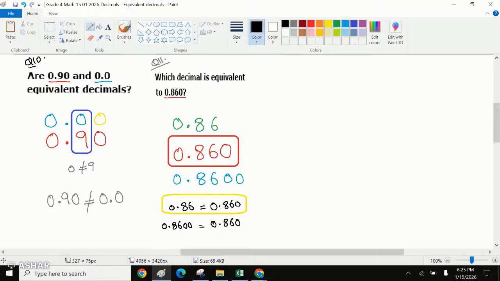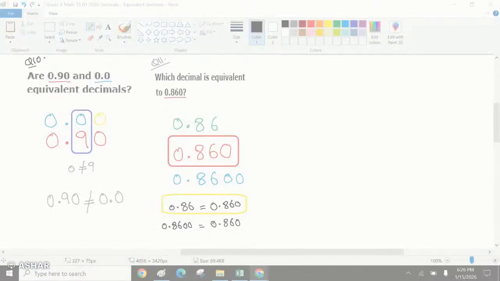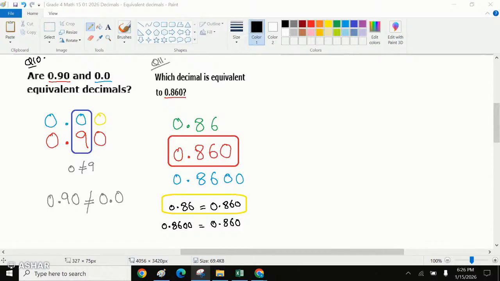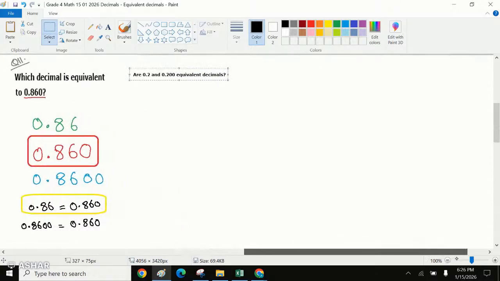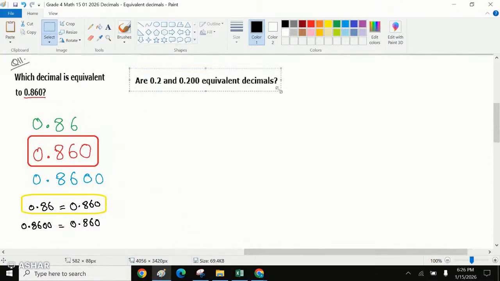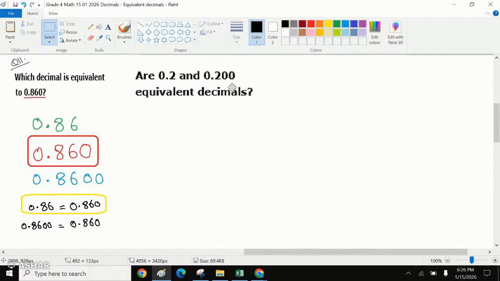Moving on to the next question. The next question says they're asking us if these two numbers are equivalent decimals or not. They look very different, but let's still see if they are or they are not. Are these two given numbers equivalent decimals?